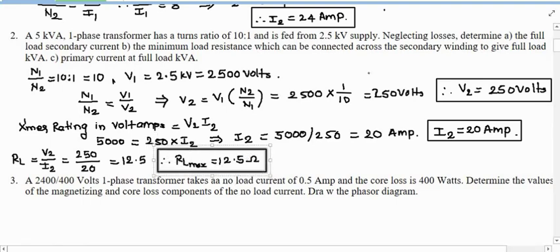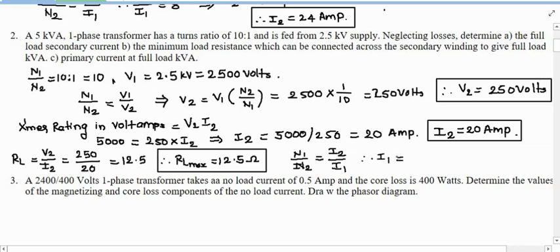Then after that we have to find the primary current at full load kVA. Students, we know that N1 upon N2 equals I2 upon I1. So what is I1?